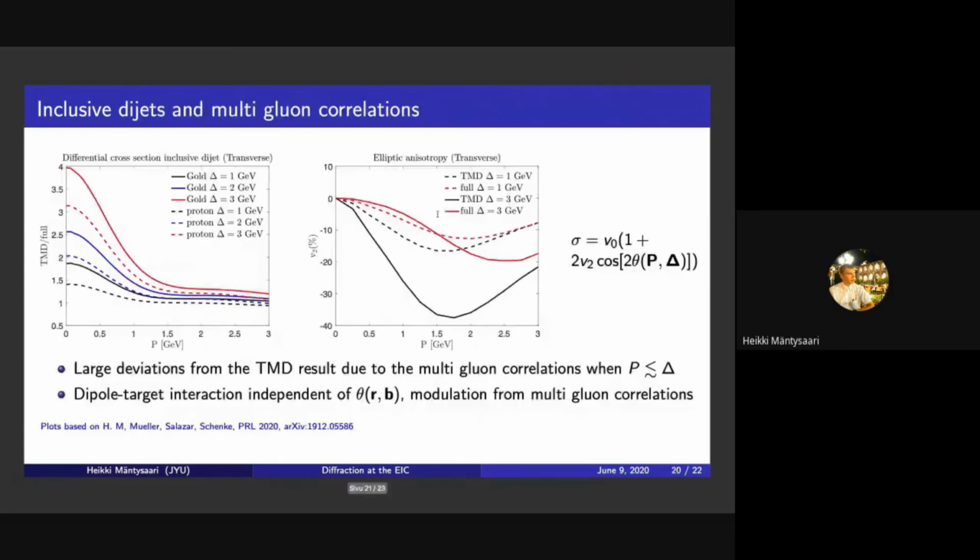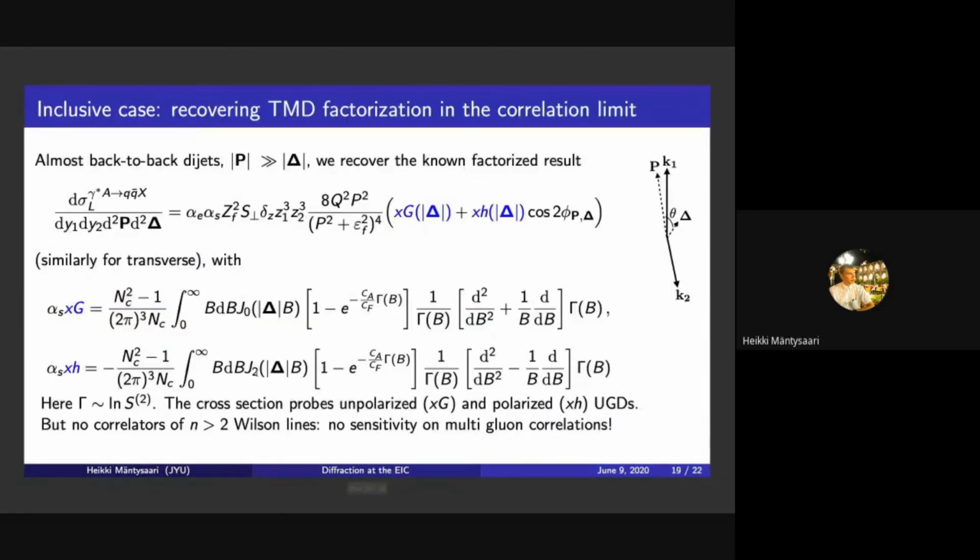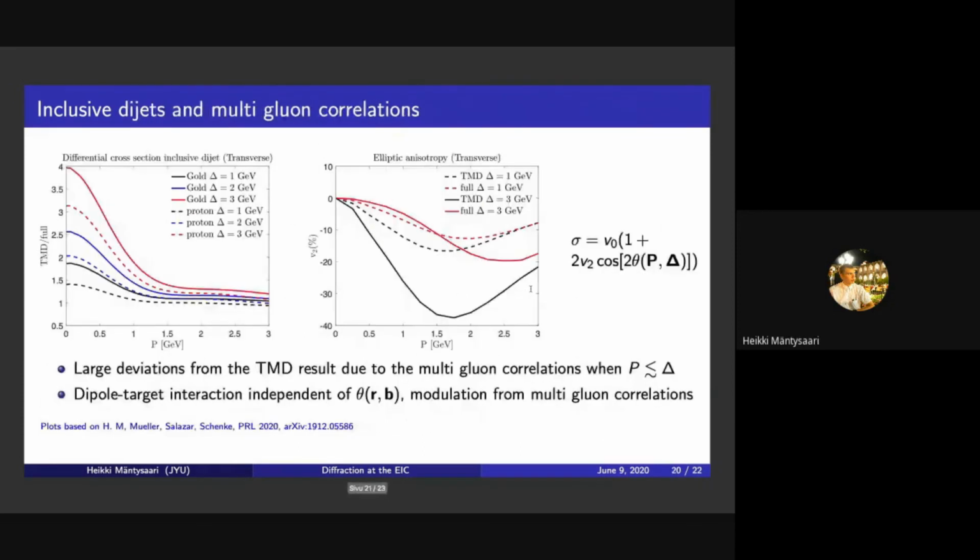Now, if I calculate the inclusive dijet production cross section, which is shown here on the left as a function of dijet momentum, then I can compare what I get if I do the full calculation by actually evaluating these multi-gluon correlations, or if I just from the same framework go to the TMD limit and basically neglect all the multi-gluon correlations and higher point functions.